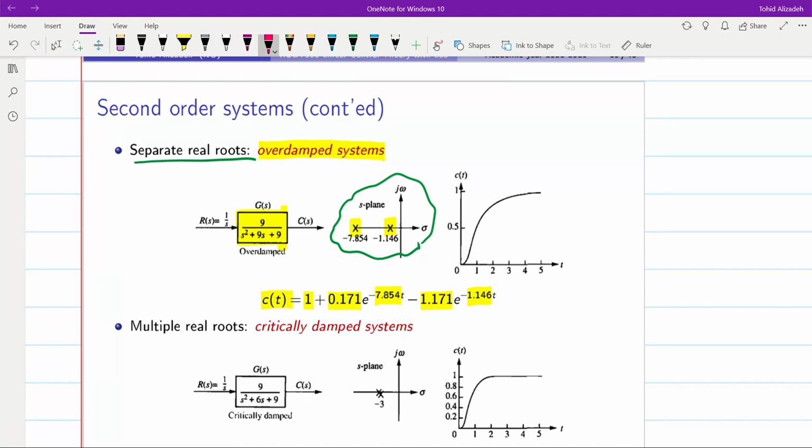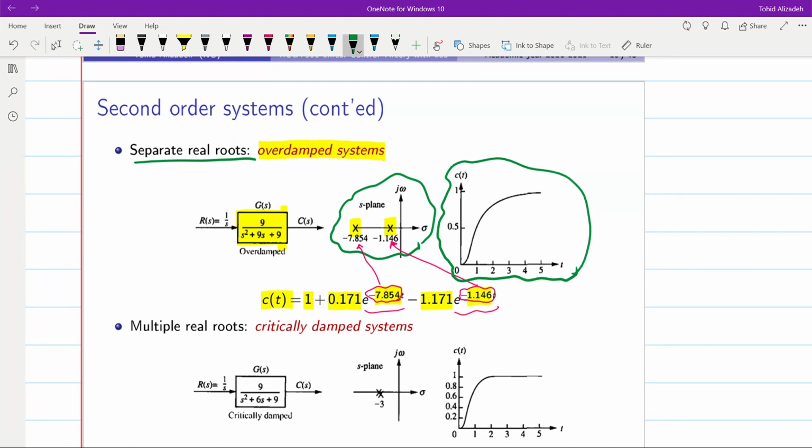And you should also see that these values at the exponents come from the poles. So depending on where the poles are located, we will have these exponential terms in the step response of the system. And the general shape that we have for such a system will look like this that you can see over here.